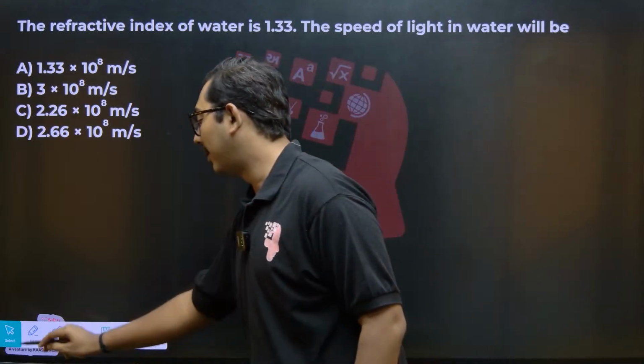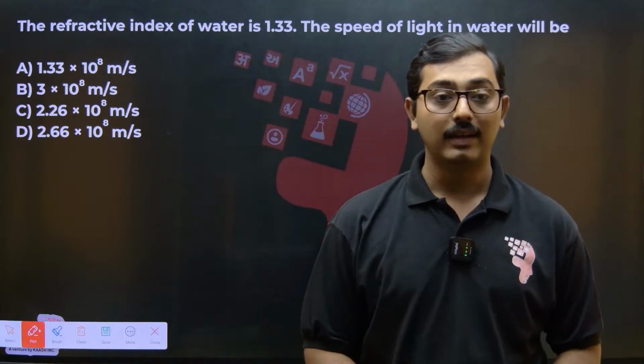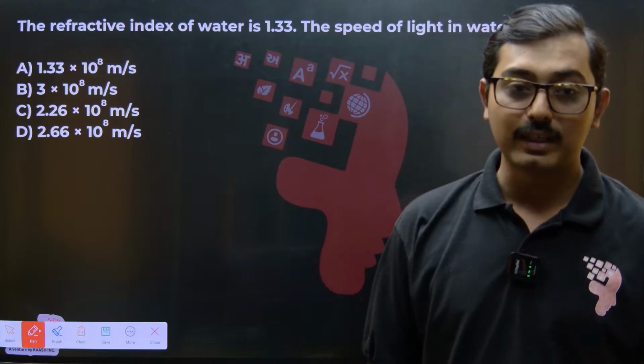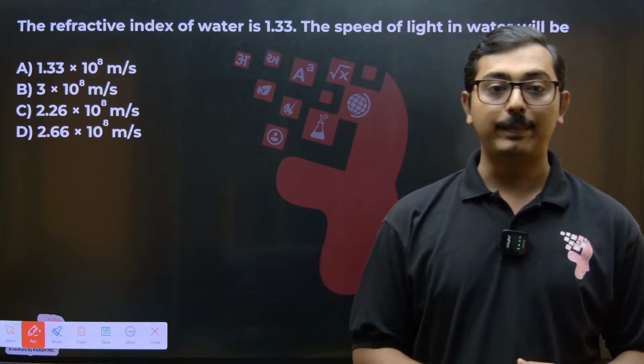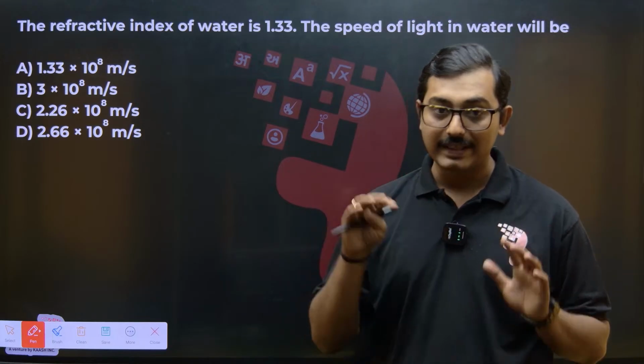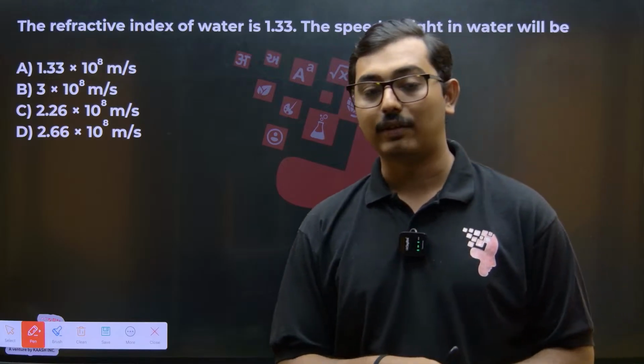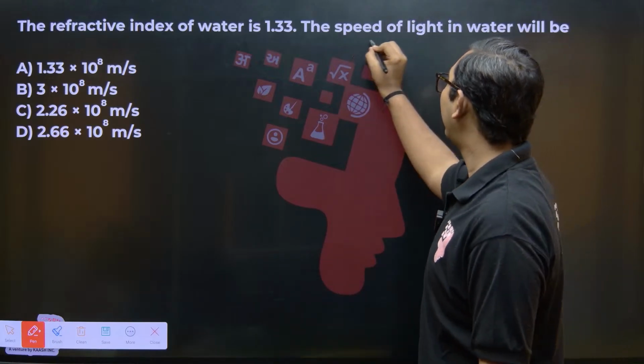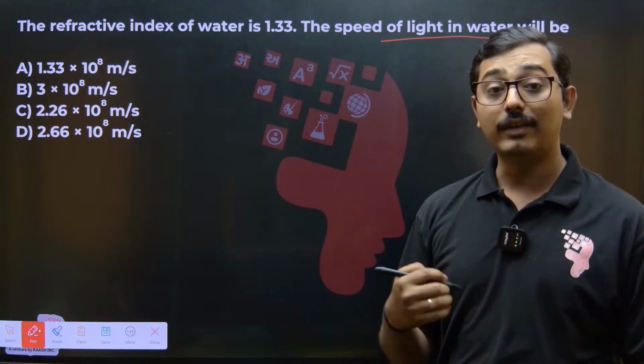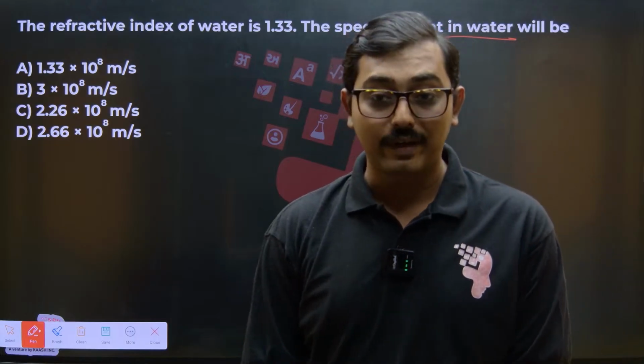One more question, on refractive index. The refractive index of water is 1.33. What will be the speed of light in water? For that we should be aware of the formula of refractive index.